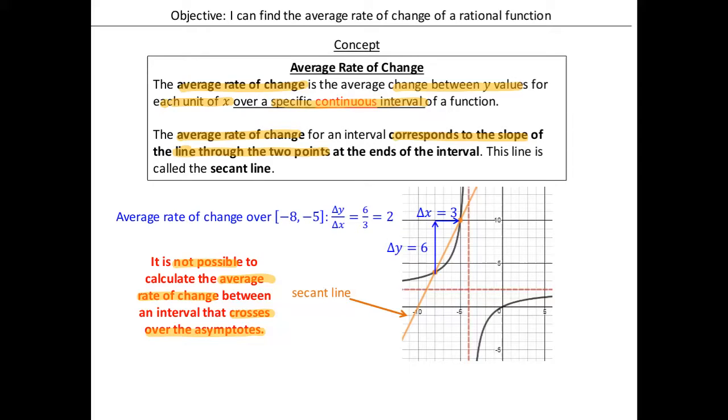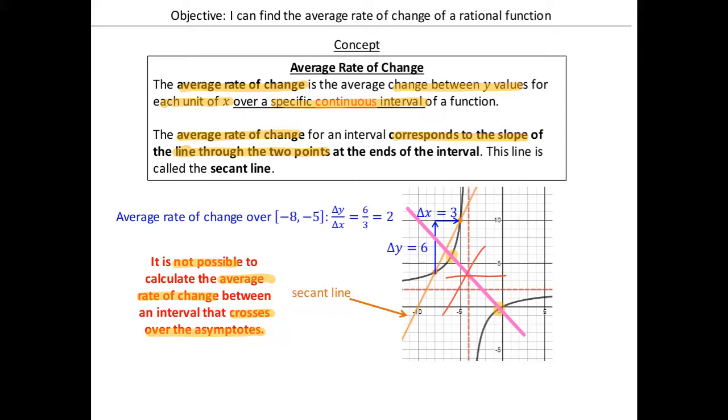Meaning I can't pick a point from here and a point from here because those have to cross through the asymptotes. If I were to draw a line going through those 2 points, like from here to here, for example, I cannot do that because notice it's going through the asymptotes. You can't do that, okay?